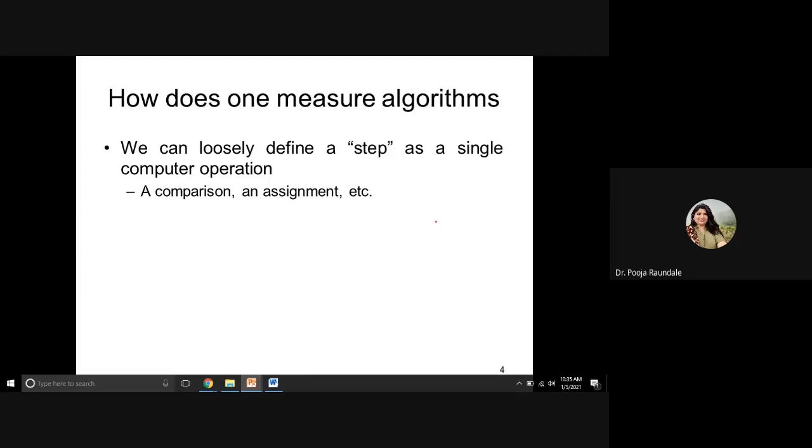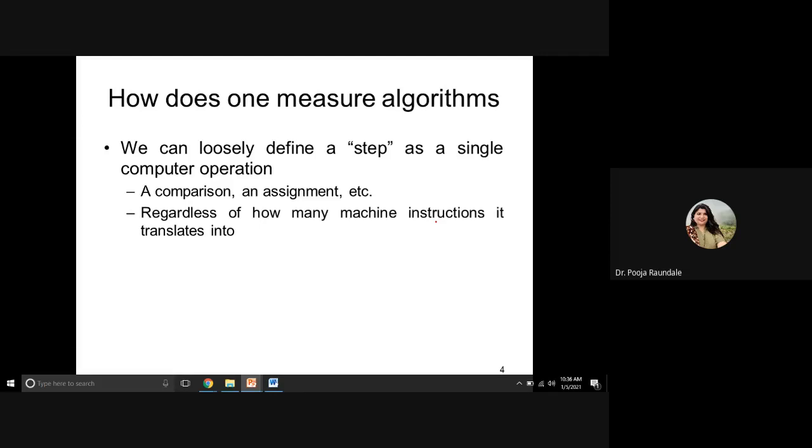Look at the steps of the algorithm. In every step there would be a small unit. It may be a comparison, an assignment, or a multiplication operation assigned to a variable. So look at the granular level of the instructions written in the algorithm, and that's how we can call it a step or a unit.